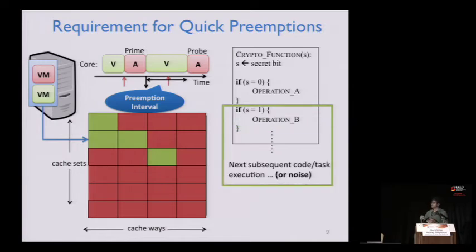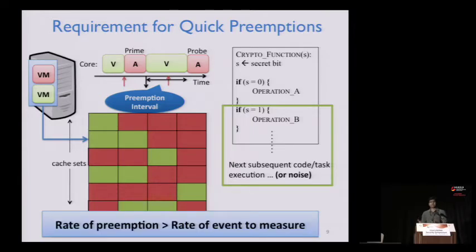This might add noise to the shared state, which may make the side channel information a lot less useful. So the major takeaway here is that the rate of preemption should be greater than the rate of the event that the attacker requires to extract the secret information.